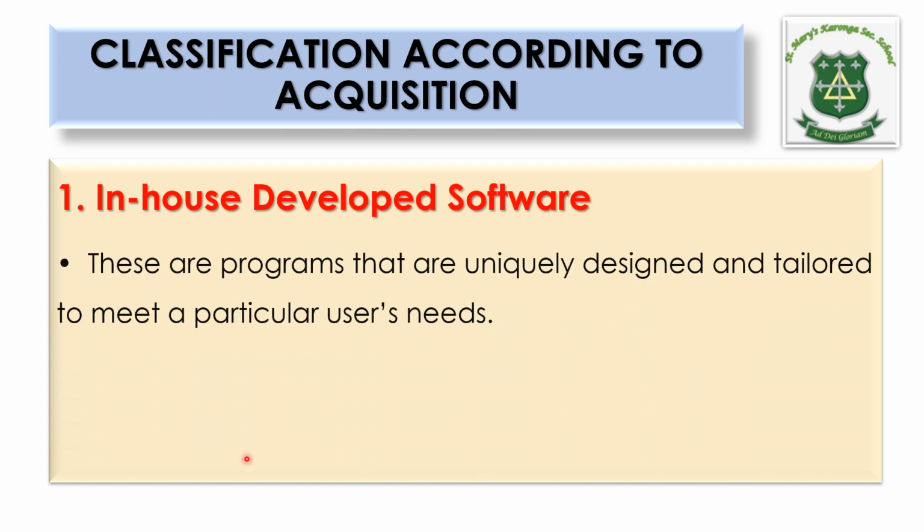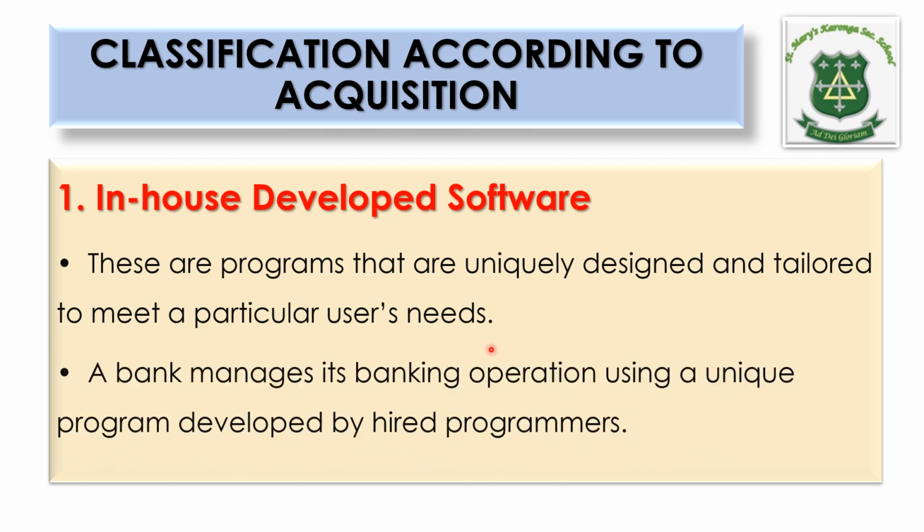So these are programs that are uniquely designed and tailored to meet a particular user's needs. These ones, the programs, they are special applications that are designed to meet a specific job. For example, a bank manages its banking operation using a unique program developed by hired programmers.